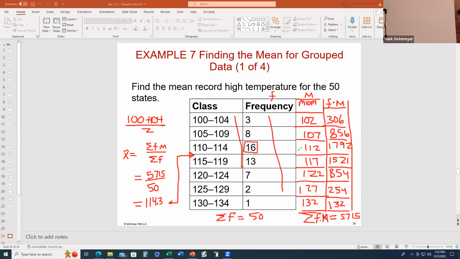So this midpoint value of 112 has the greatest weight in shaping the mean of this grouped data set, 114.3, because it has the greatest weight. Which midpoint value has the least influence on shaping our mean?